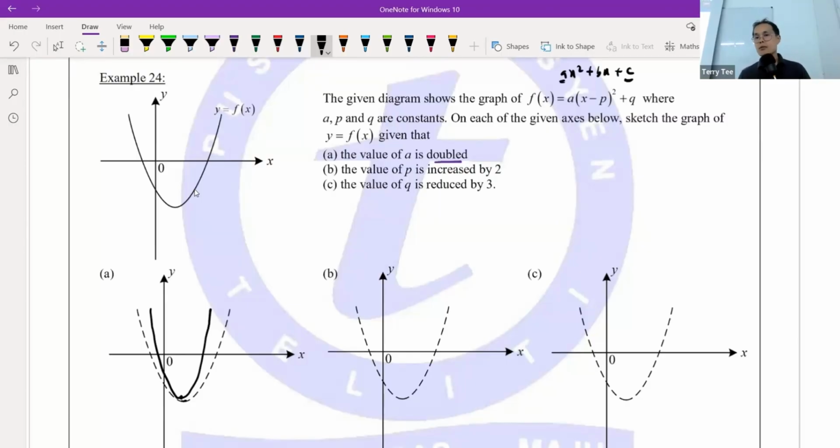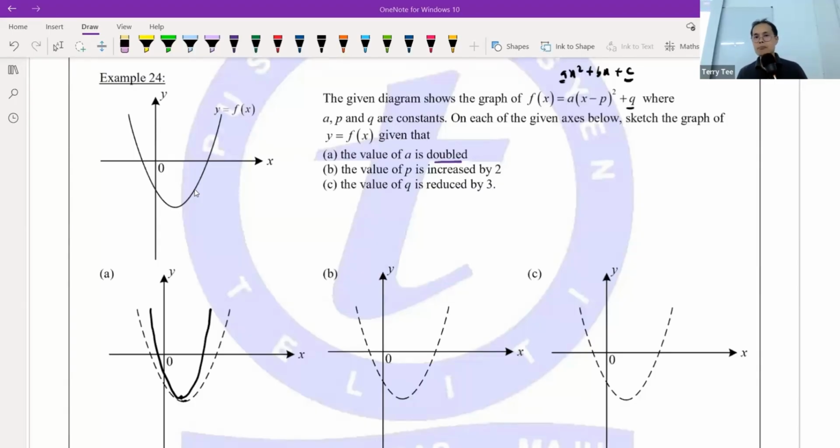But this one, your y-intercept will change because q is not your y-intercept. Q is your vertex. So when you increase your a, your y-intercept is not at the same place anymore. It doesn't cut the same point anymore. Okay, my graph for a is done. The maximum or minimum point is the same. Sorry, my graph doesn't really show that this is the same point. It goes up.